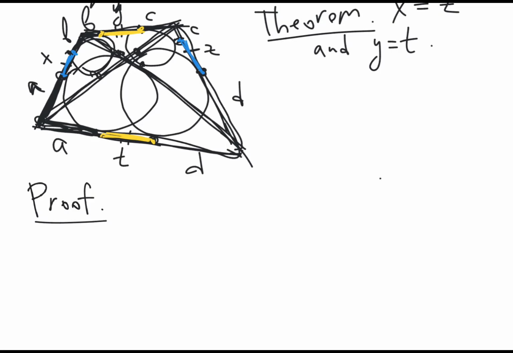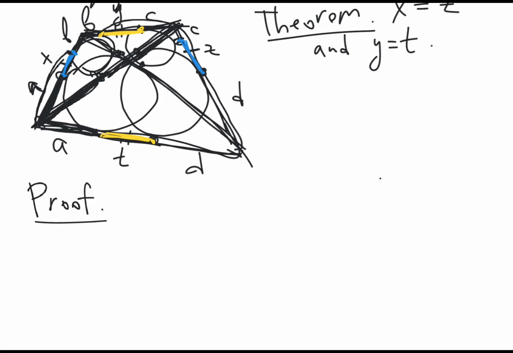So we consider the tangency points on the diagonals now. We notice that this segment is equal to this segment, so it is a plus x. And then this segment, on the other hand, from the other vertex of the diagonal to the same tangency point, would be equal to this segment, so it would be c plus y.